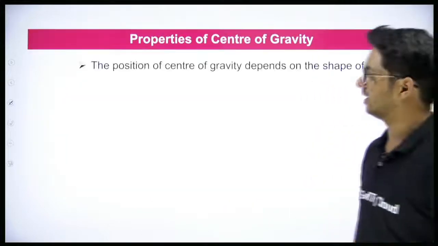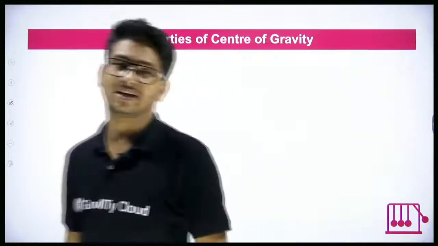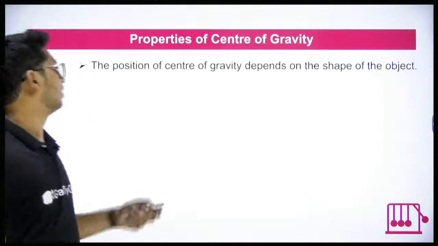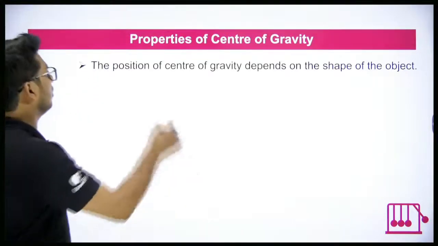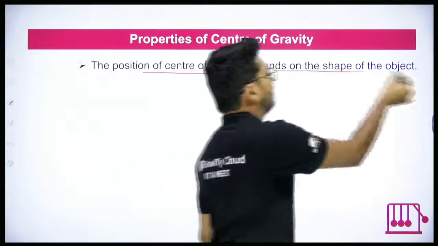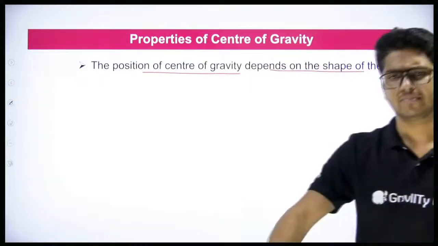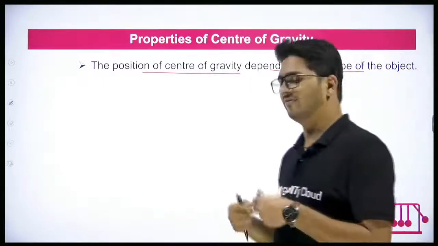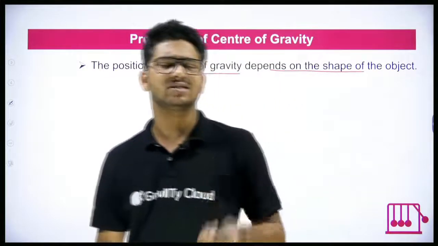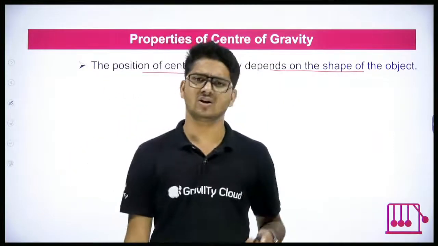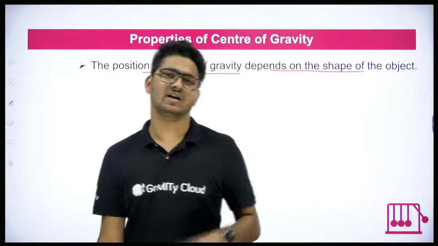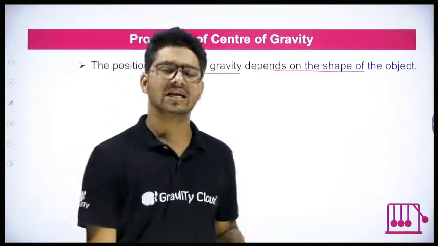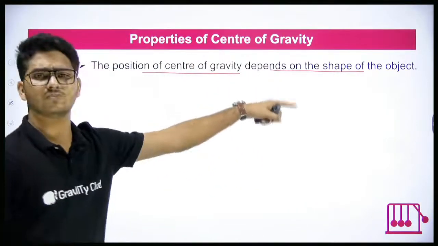So keeping that in mind, we have a few properties for center of gravity. What are they? First of all, the position of the center of gravity depends on the shape of the object. Pretty simple. We have looked at three shapes: a ring, a disc and a rod. For a rod and for a ring, we could easily understand that it depends on the shape of the object.